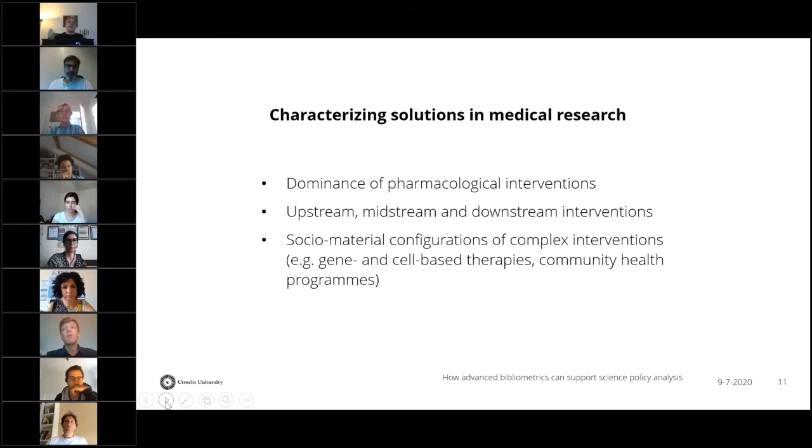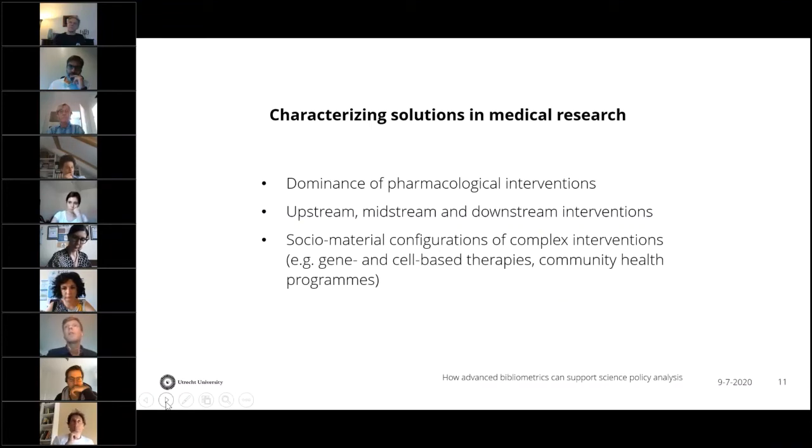Moreover, a second approach, and that's only one slide and the last slide, is that I think specifically in the context of medical research, in order for this research to advance, it's important to find a way of characterizing different types of solutions in medical research.